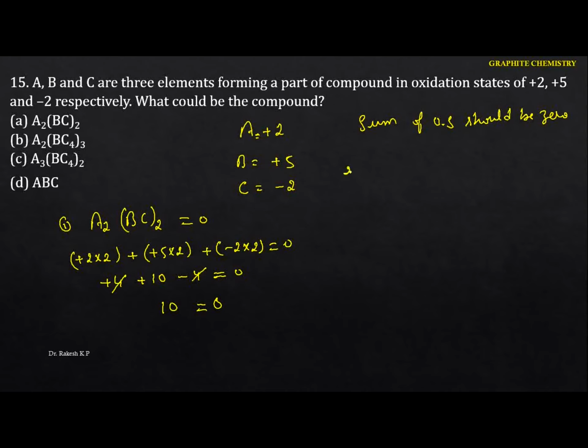Let me go for the second one, that is A2BC4 with B thrice. What is the oxidation state of A? That is +2 into 2, plus B, which is +5 into 3, plus C, which is -2 into 4 into 3, that is 12, equal to 0.